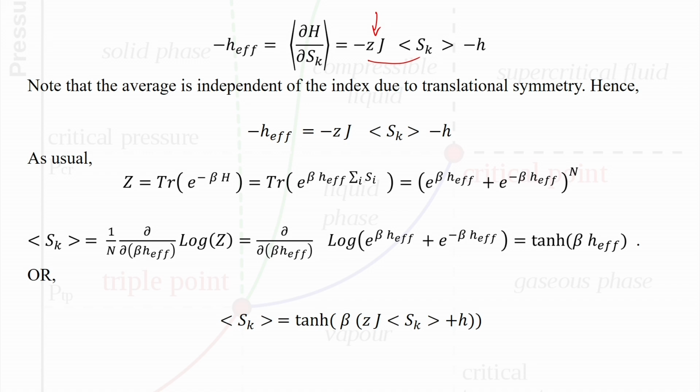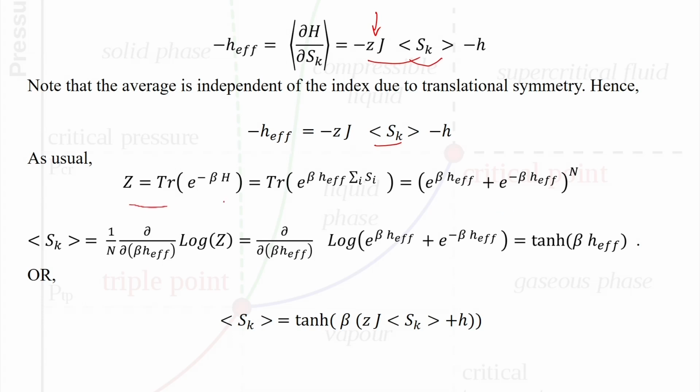Now, in this example, because of translational symmetry, and because the magnetic field is uniform and the same at all sites, we expect the average to be independent of the k index. So now we can go ahead and calculate the average of s_k independently as we normally do.